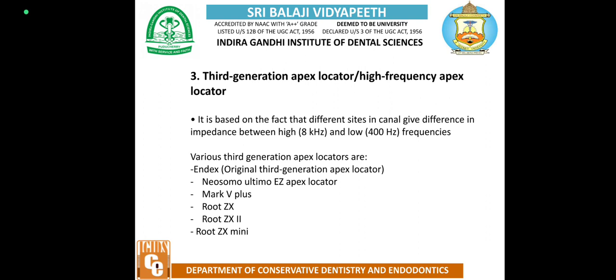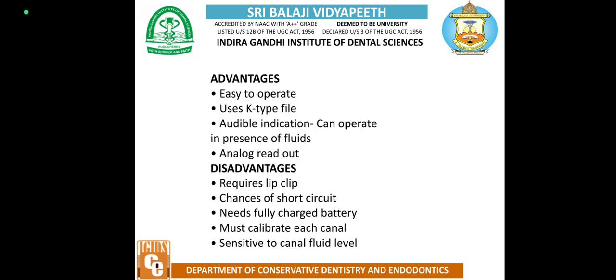Third generation apex locator or high frequency apex locator. It is based on the fact that different sites in the canal give a difference in impedance between high and low frequencies. Various third generation apex locators are Endex, Mark 5 Plus, Root ZX, Root ZX II, Root ZX Mini.